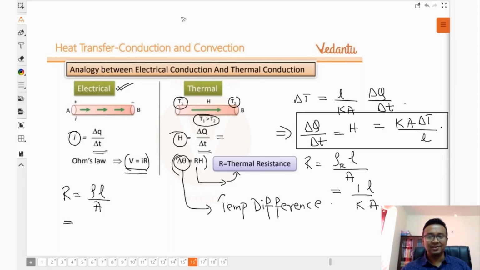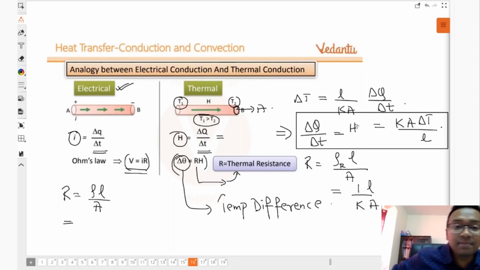Here, heat current is equal to thermal conductivity K into A, the area of cross section of the conductor. Delta T is the change in temperature between the two ends of the conductor, and L is the length of the conductor.